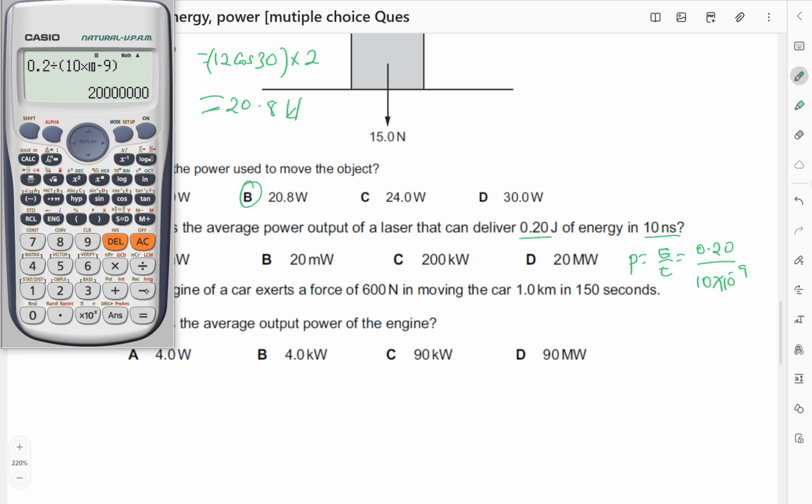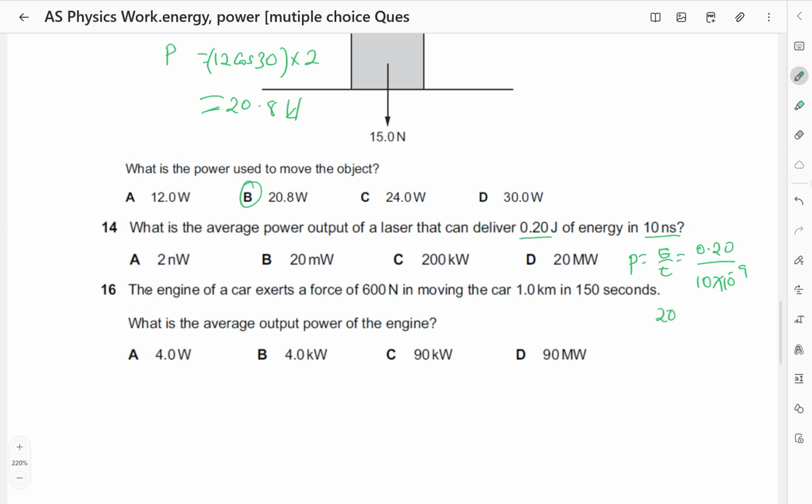So that is 20 million, which is 20 megawatts. So the answer is going to be D, 20 megawatts, not milliwatts, megawatts.